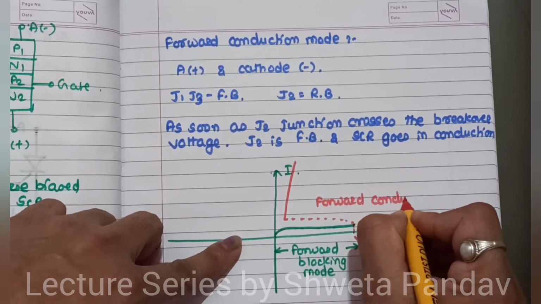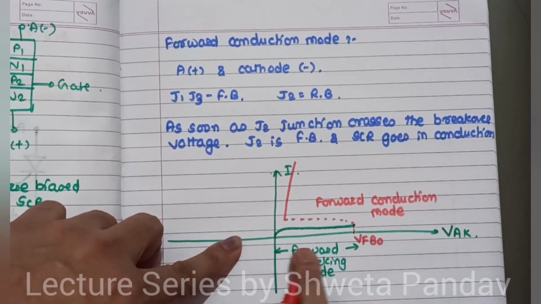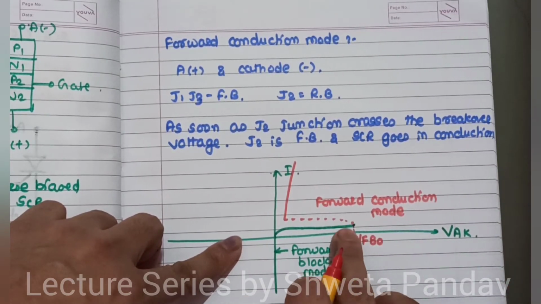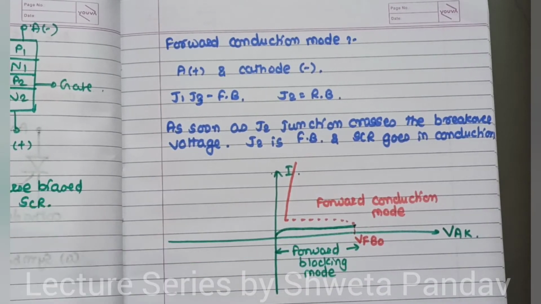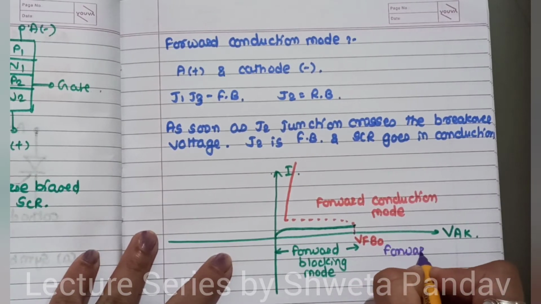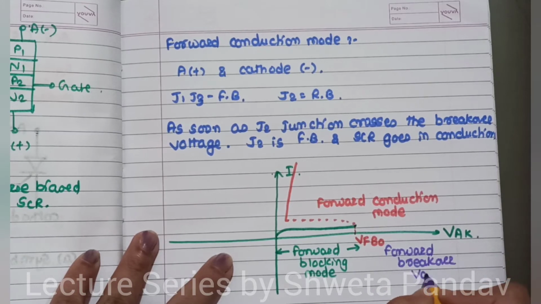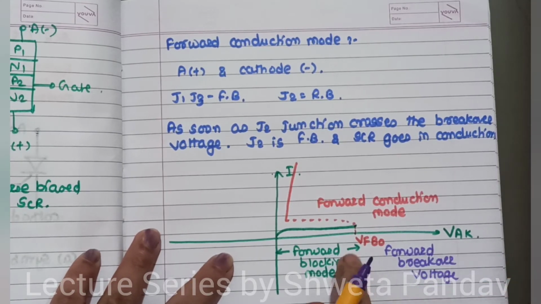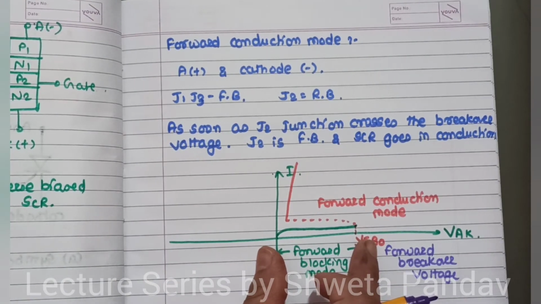As the anode to cathode voltage crosses this forward breakover voltage, VFBO, a small amount of current was flowing across the SCR before it.